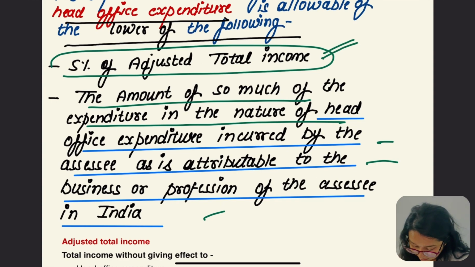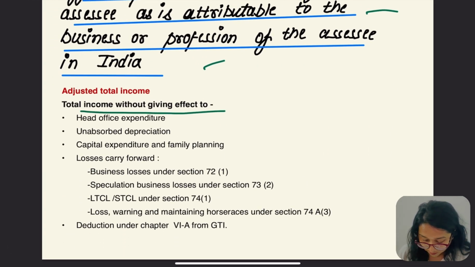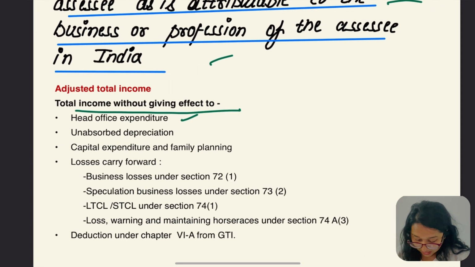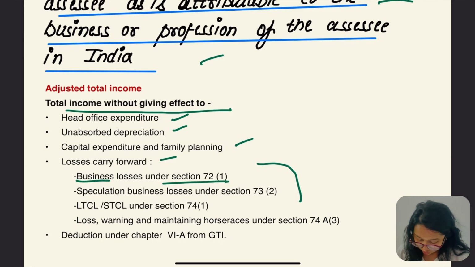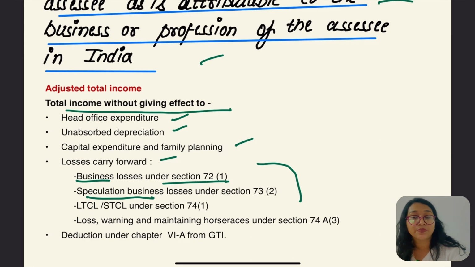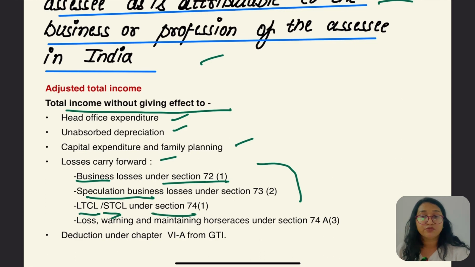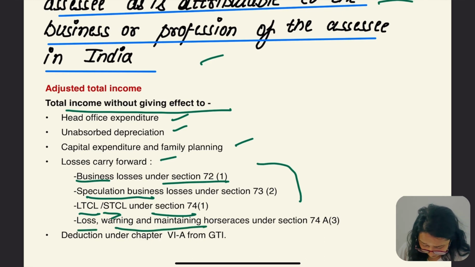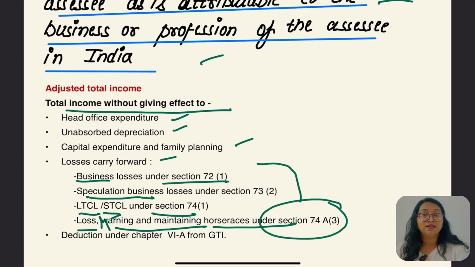But now we have to understand what is the meaning of adjusted total income. Adjusted total income is the total income without giving effect to the head office expenditure, unabsorbed depreciation, capital expenditure and family planning expenditure, losses carried forward: business loss under section 72 subsection 1, speculation business losses under section 73 subsection 2, LTCL and STCL under section 74 subsection 1, and losses from owning and maintaining horses for horse races under section 74A subsection 3.